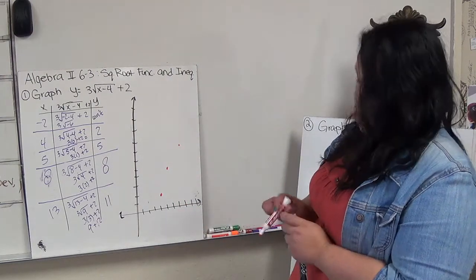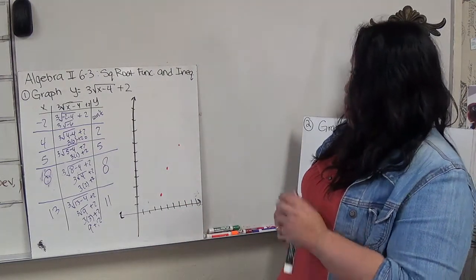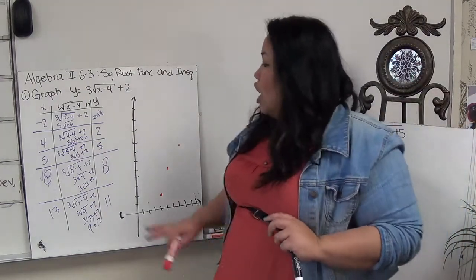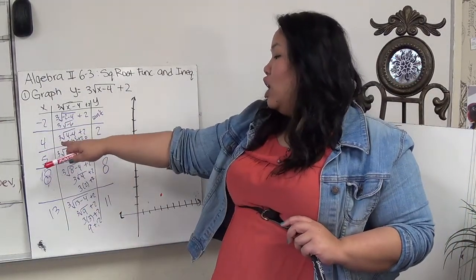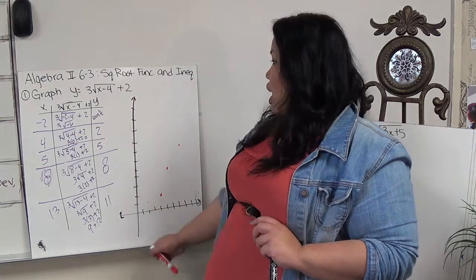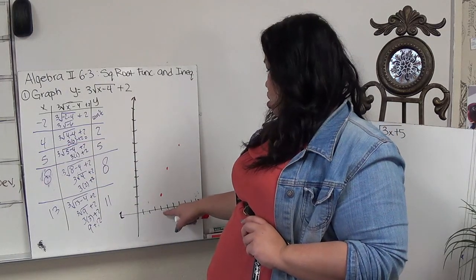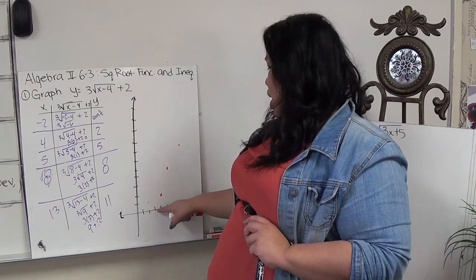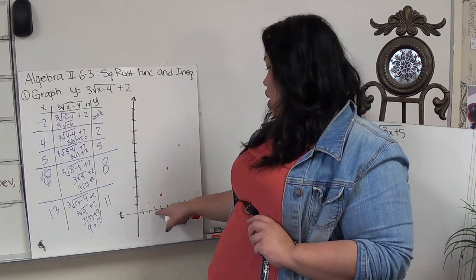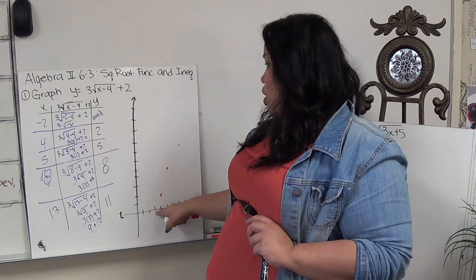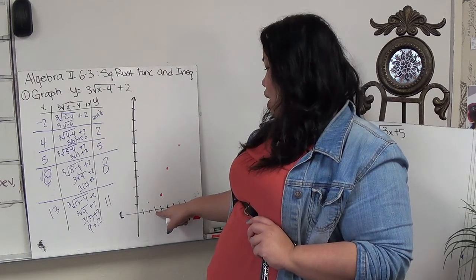So basically, I know it can't be negative. I can't have an x that's less than 4. It could be bigger than 4, but once it goes below 4, then I get a negative under the root, so I can't do negative numbers.